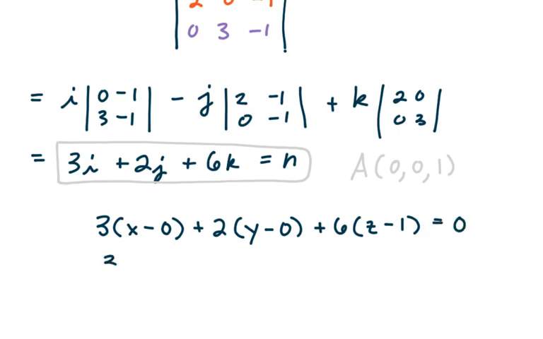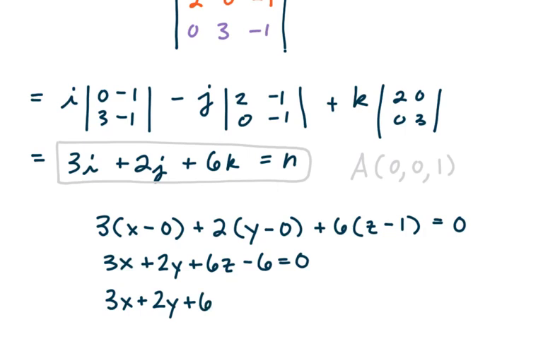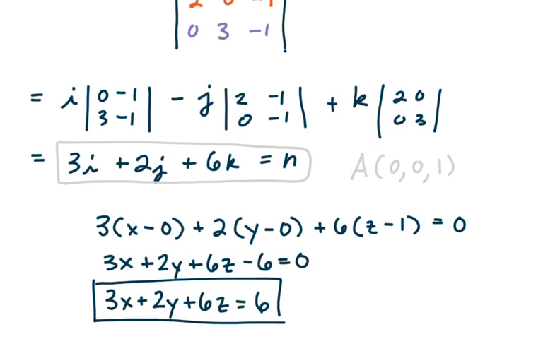Simplifying this, I've got 3x plus 2y plus 6z minus 6 equals 0. And the equation we get is 3x plus 2y plus 6z equals positive 6. So this is the equation of the plane passing through these 3 points. And again, we could have used any one of those 3 points here.